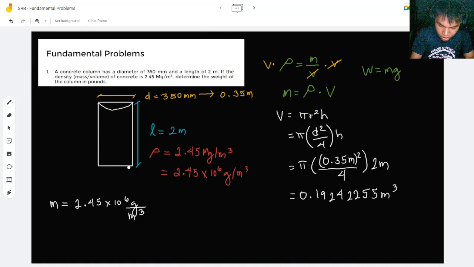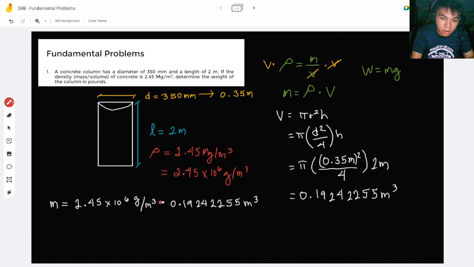Okay, times, we plug in the volume. So let's just put in this value here, cubic meters. Based on this, we can cancel the cubic meter, and we'll be left with grams, which is the unit for mass.